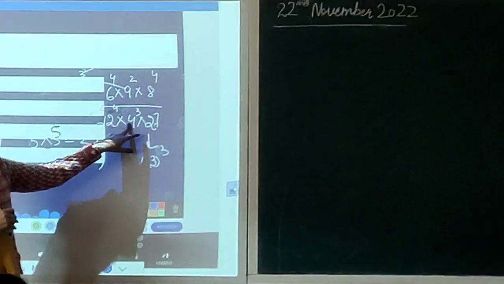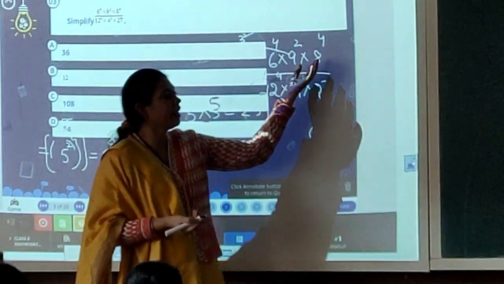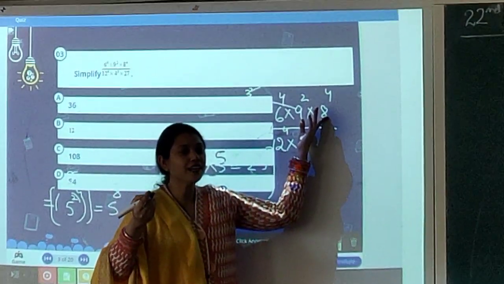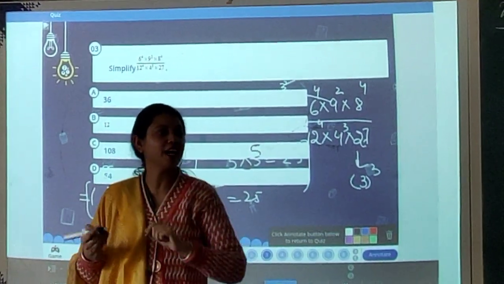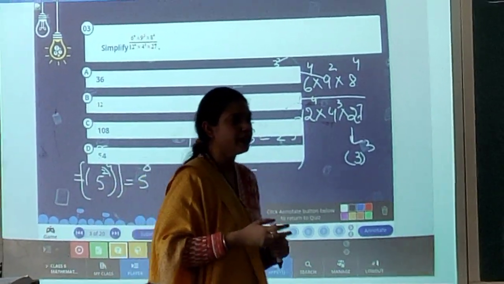What about 4? 2 to the power 2. And 8? 2 can be multiplied 3 times. Hurry up, all of you convert them into exponents, applying the law.